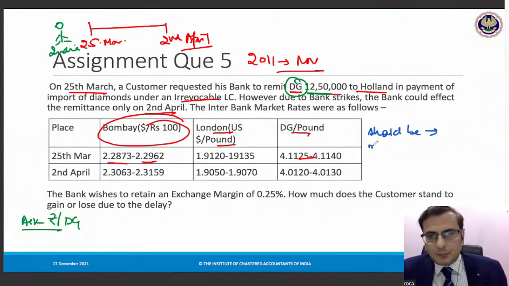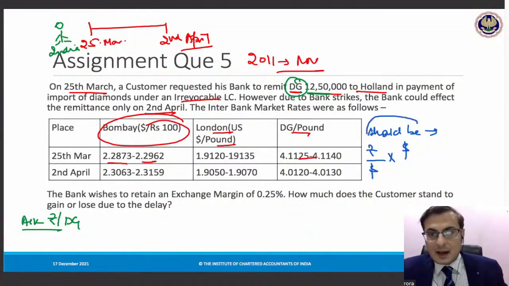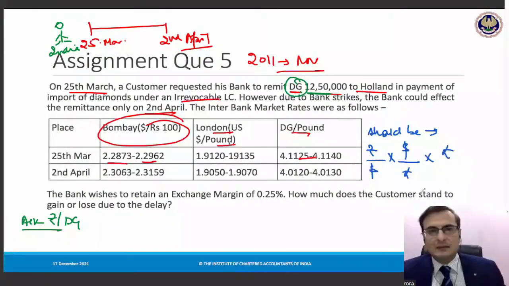Rupee by US dollars, multiplied by dollar by pound, so that dollar gets cancelled with dollar, and the pound comes here so that pound and pound get cancelled, and divide by DG. So this gets cancelled with this, and this with this, so that I can get rupees per DG.